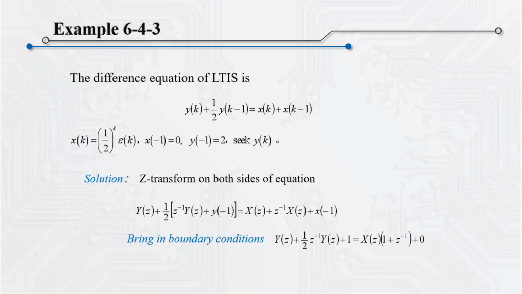Then the corresponding amount of shift here can be expressed as follows. After writing the complete form of the shifted z transform, we bring in the boundary conditions. Note that y of minus 1 equals 2 and the excitation information x of minus 1 equals 0.